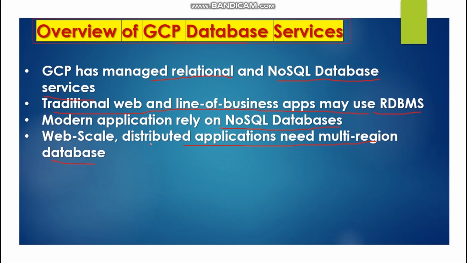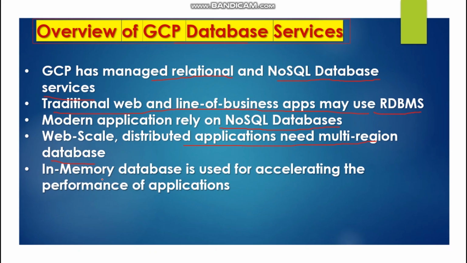This is also taken care of by GCP database services. Okay, and finally, an in-memory database is used for accelerating the performance of applications. This in-memory database comes into the picture just for increasing performance by using the cache mechanism and other mechanisms. You can very well accelerate the performance of your applications.